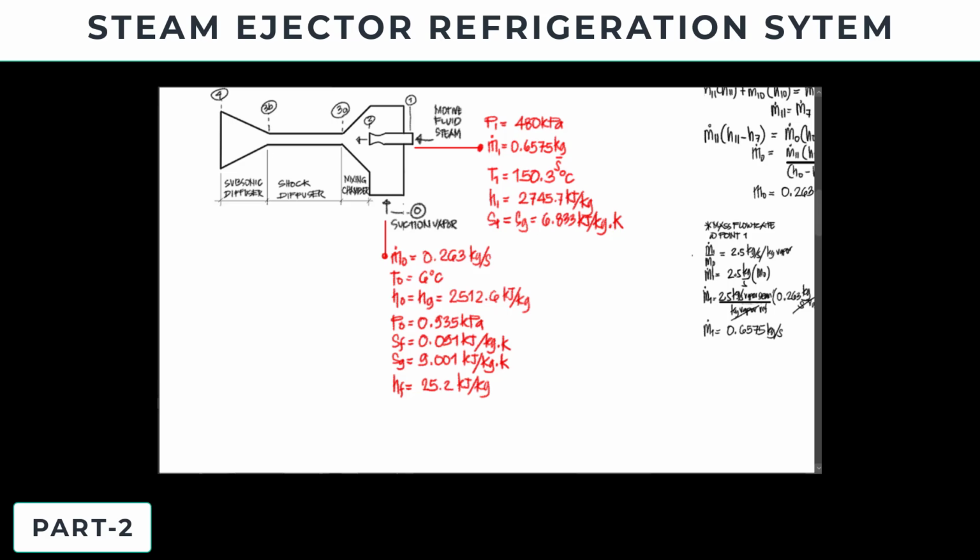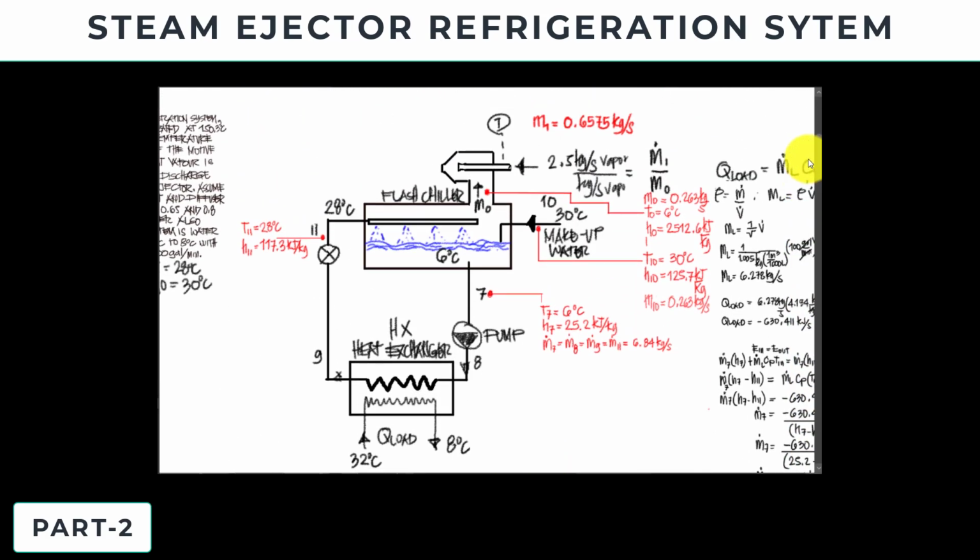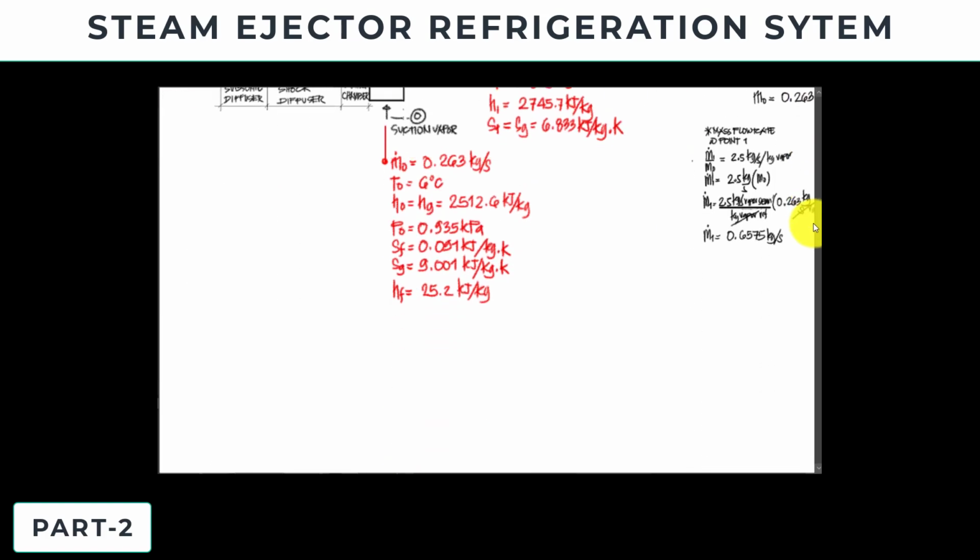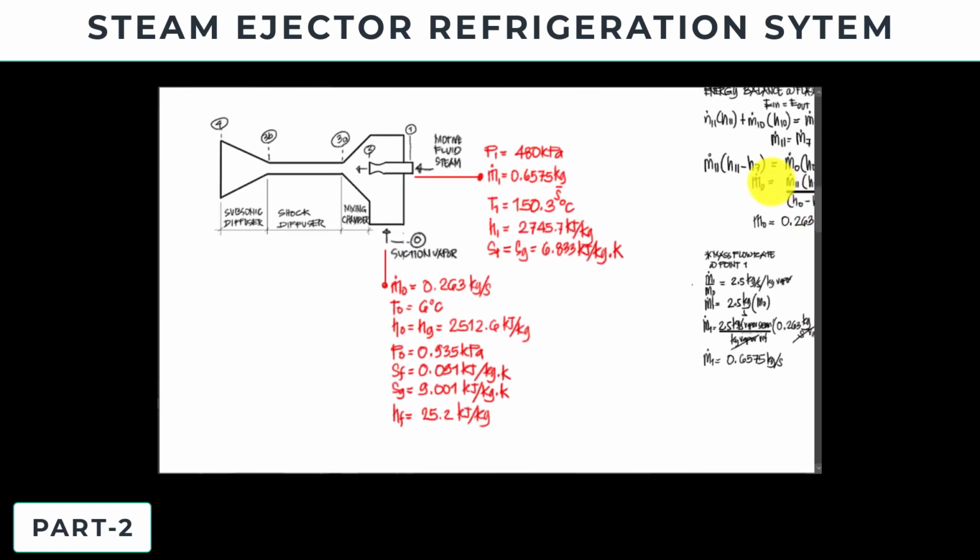Now I have here the sectional view of our nozzle. For the properties at point 1 and point 2, the properties here are coming from the previous calculation that I have done, and the others are from the steam table. So I just added other properties that were extracted and transferred to the nozzle, so that we can analyze this properly and have the overview of what is entering and leaving the nozzle itself.